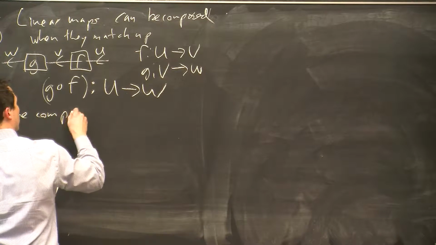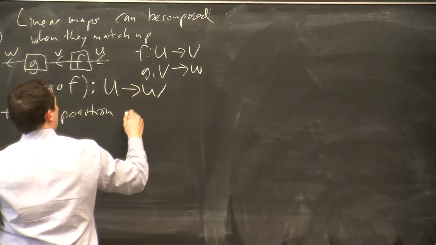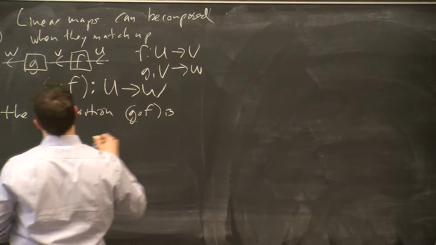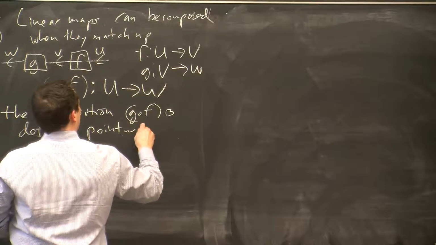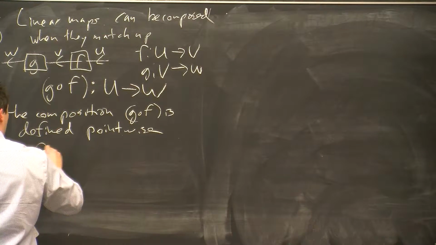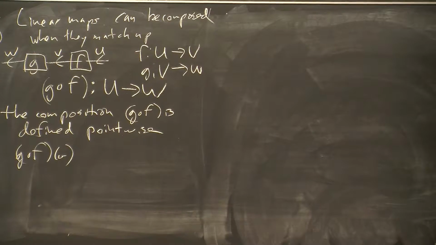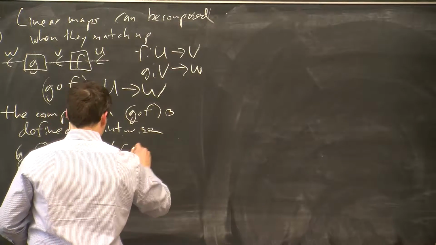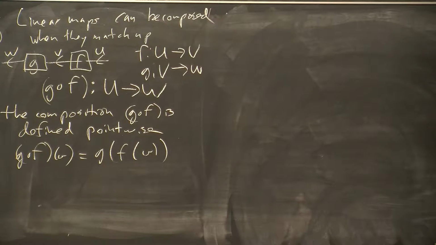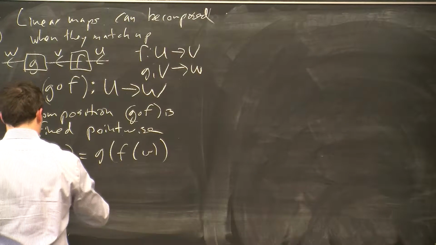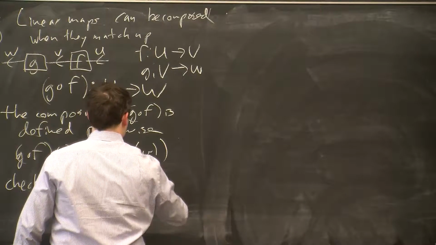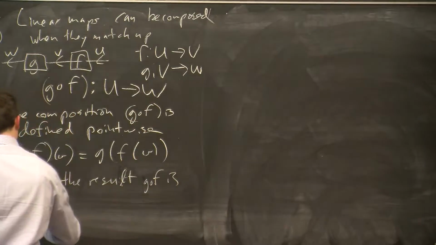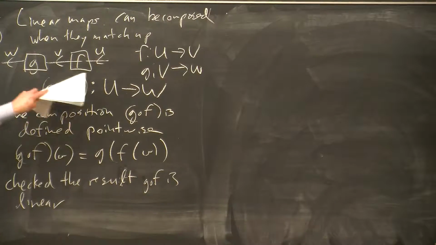We defined the composition pointwise. That is, we just use the definition of composition of functions. And because we defined it that way, we then had to check that the result was in fact a linear transformation from U to W.